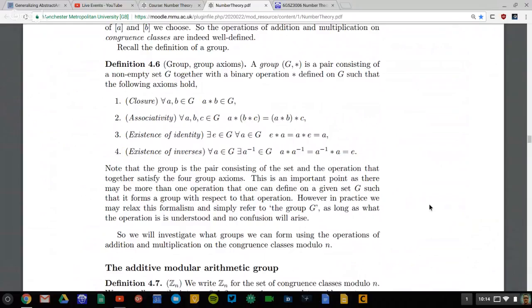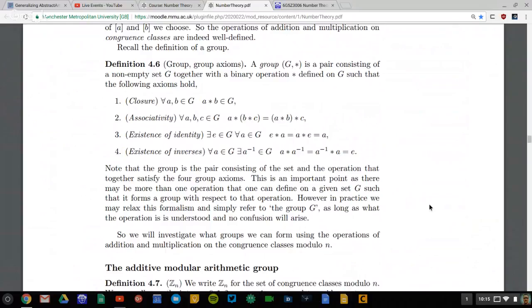Well, the identity for the multiplication operation is the congruence class of 1. When you multiply the congruence class of 1 by any other one, using the operation of multiplication that came from the integers, it doesn't change the congruence class because you're only multiplying it by 1. Similarly, the identity for the addition operation is the congruence class of 0. When you add 0 to something, it doesn't change the other thing. Okay?